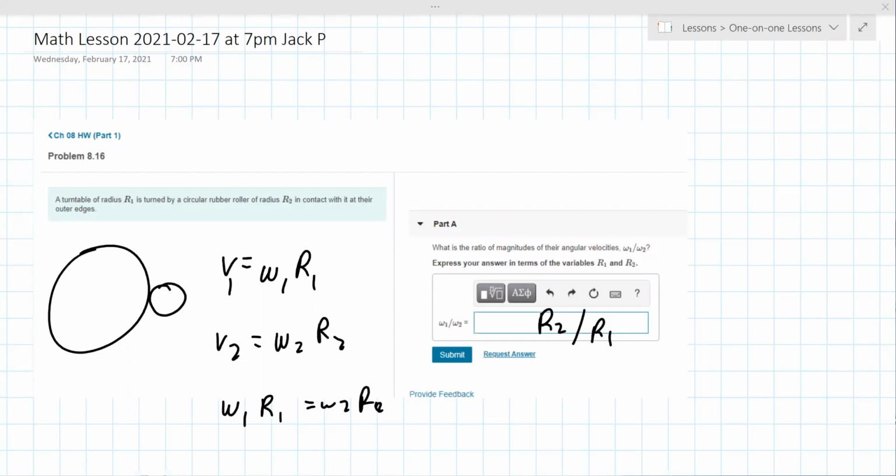The tires of a car make 74 revolutions. All right, so I see the front tires question here.